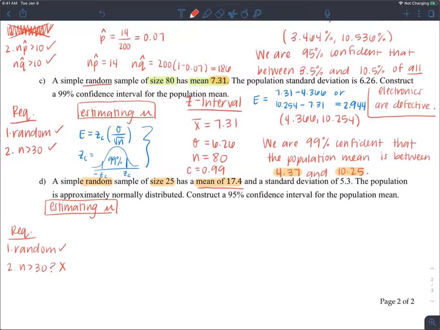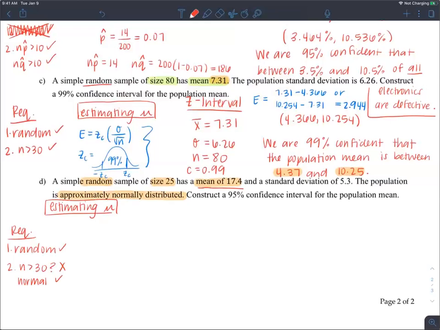Because the second requirement is technically that the X bar distribution is normal. If it says it's approximately normally distributed, then that would check. Because if it says it's normal, then you can assume that it's normal. And so here, it doesn't matter that n is not greater than 30 because of that normal distribution. So pay close attention to that.